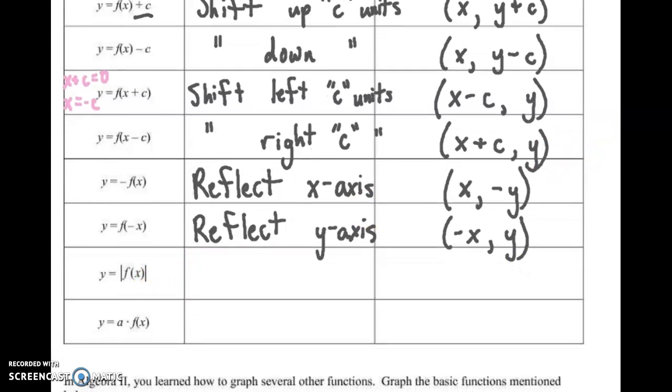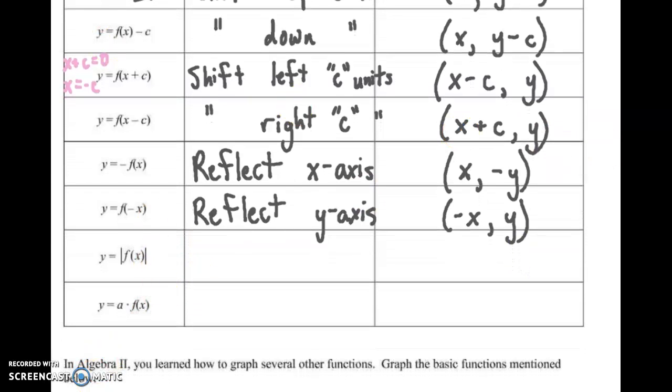This next one is just a fancy way, let me write this down first, of saying that any value that was below the x-axis, the absolute value means it needs to be a positive value.